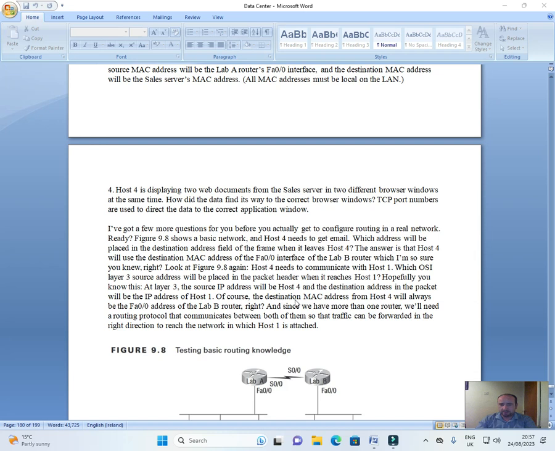Of course, the destination MAC address from host 4 will always be the FA0/0 address of the lab B router, right? And since we have more than one router, we'll need a routing protocol that communicates between both of them so that the traffic can be forwarded in the right direction to reach the network in which host 1 is attached.